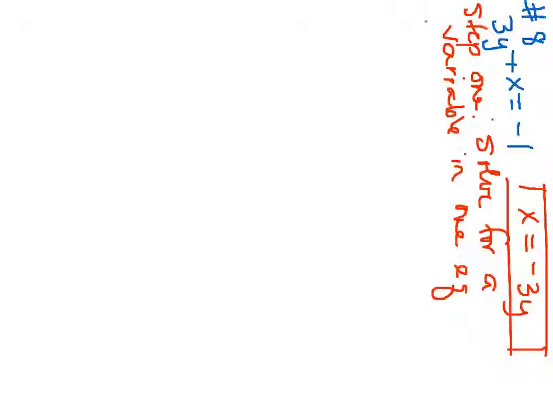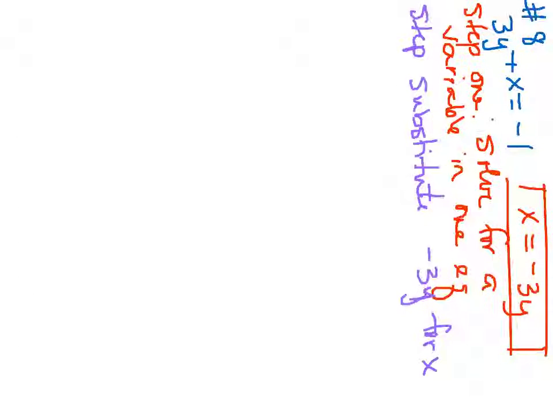So step 2, we're going to substitute negative 3y, that's a y, for x in the blue equation. So let's go ahead and do that. So we have 3y plus x is equal to negative 1.